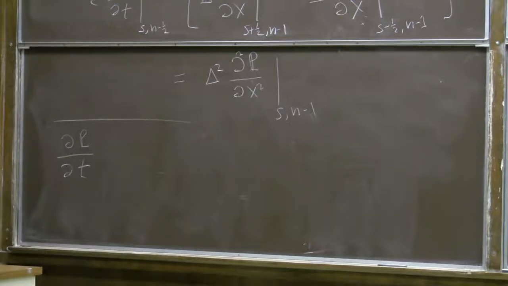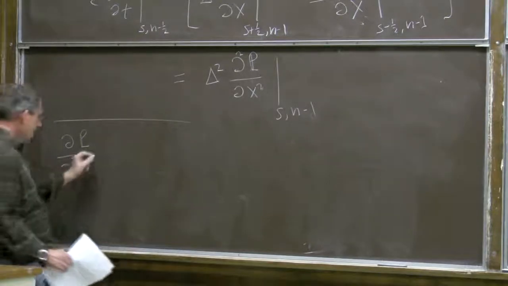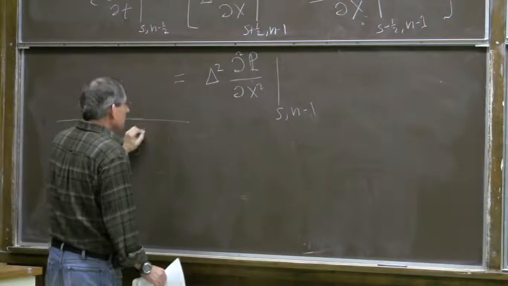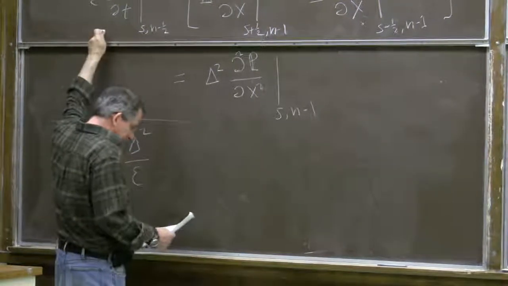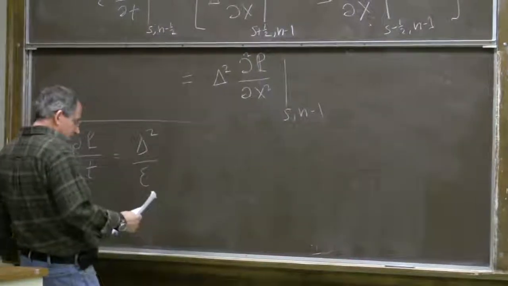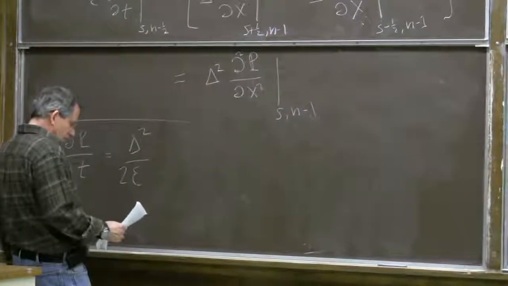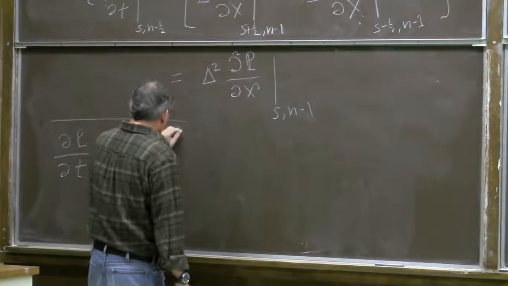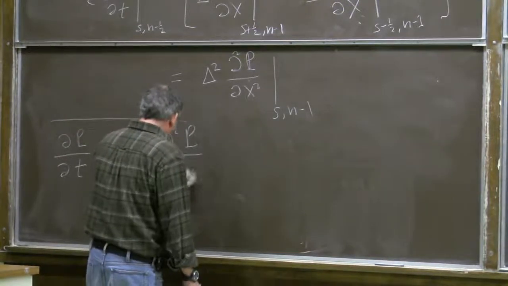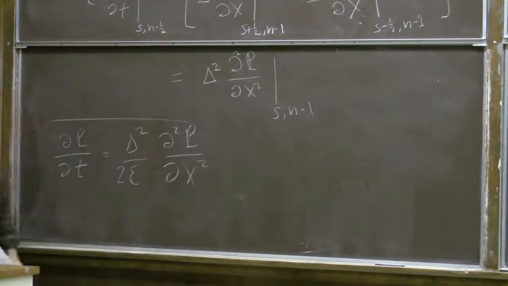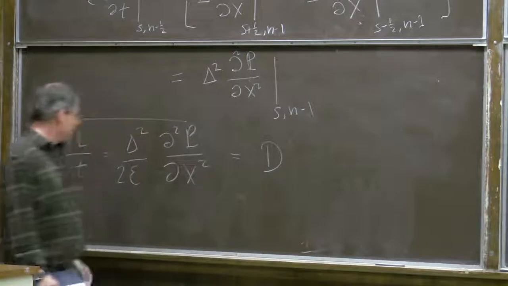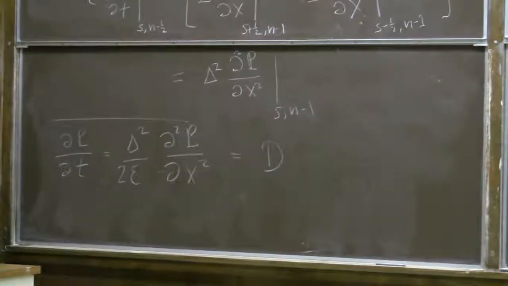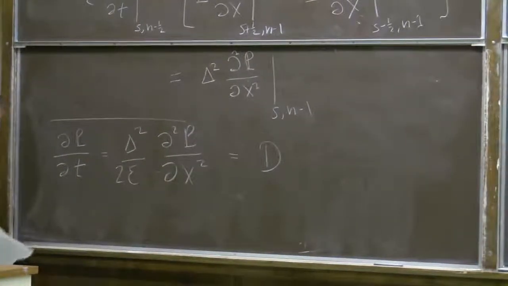The derivative of the probability density with respect to time equals delta squared over epsilon, if I divide both sides by epsilon, times 1/2, I'll put a 2 in the denominator, times the second derivative of p with respect to position. So that looks just like the diffusion equation if I identify delta squared over 2 epsilon as the diffusivity, the diffusion constant.